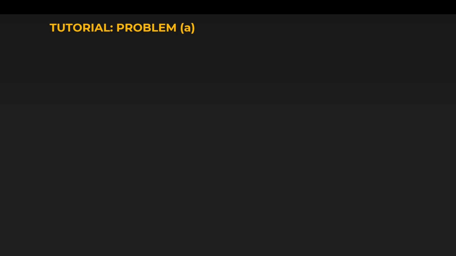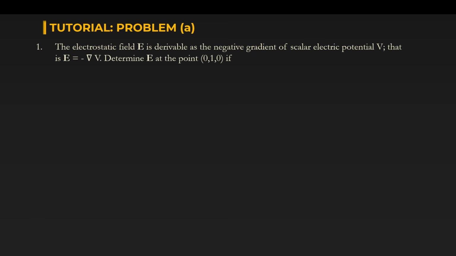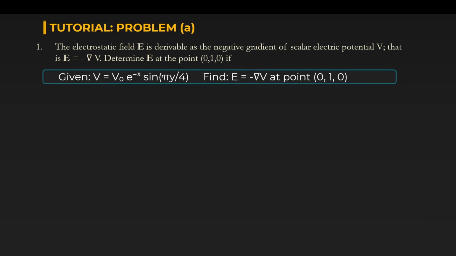Okay, so let's consider our first tutorial problem. The electrostatic field E is derivable as the negative gradient of a scalar electric potential V. That is, E is equal to negative gradient of V. Now the question is asking us to determine E at the point 0, 1, 0, if V is equal to V naught e to the negative x sine of pi y on 4.